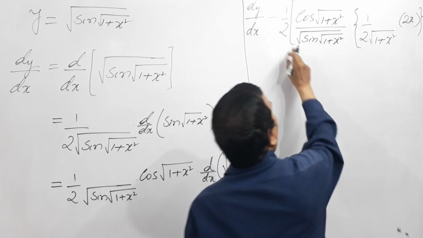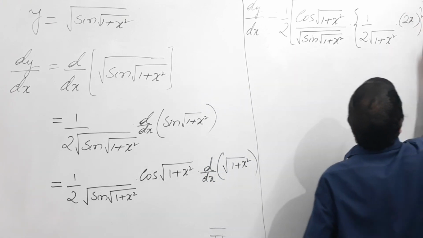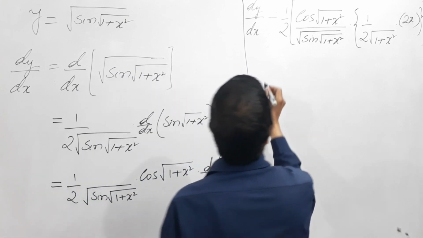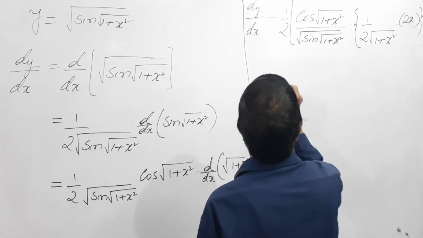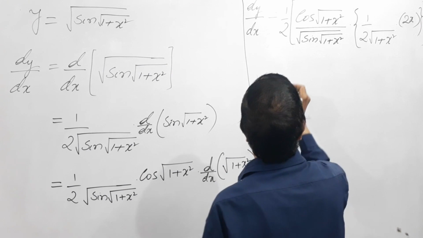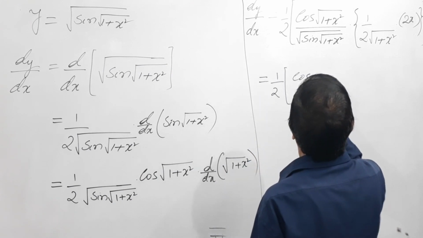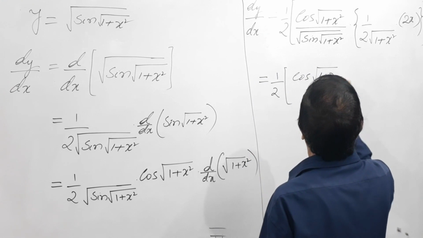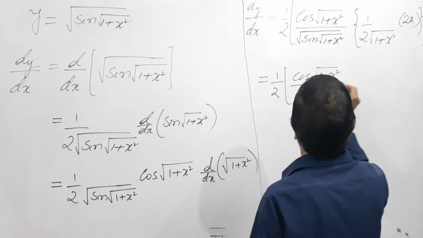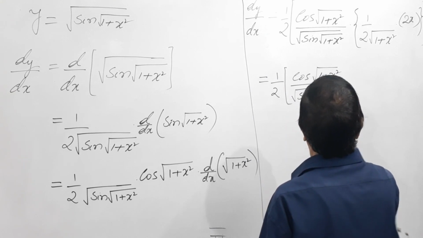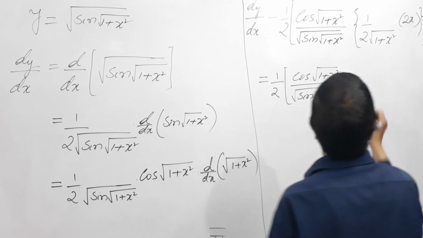Close the bracket and we have a square bracket here. So what happens here? This is equals to half cos of under the root 1 plus x square by under the root sine under root 1 plus x square.